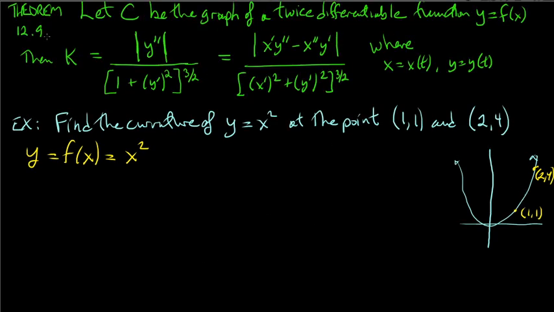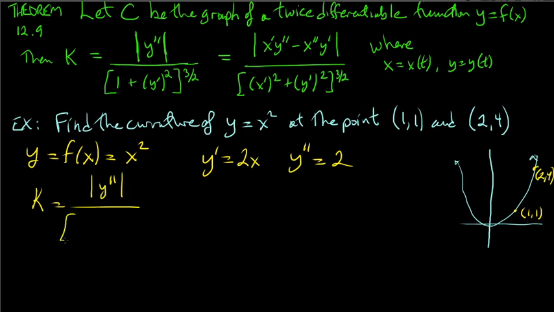So we might as well just use the very first formula here. So what do we need? We need both derivatives. The first derivative is just 2x, and the second derivative is just 2. So k, which is, again, in absolute value, y double prime over 1 plus y prime squared to the 3/2 power.